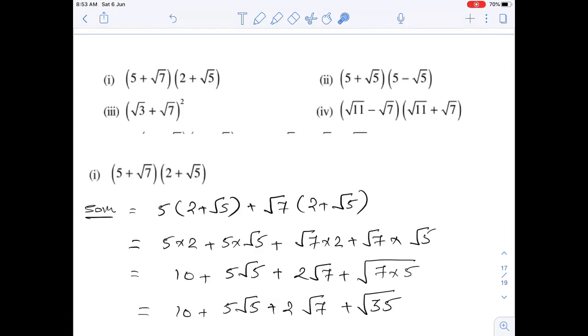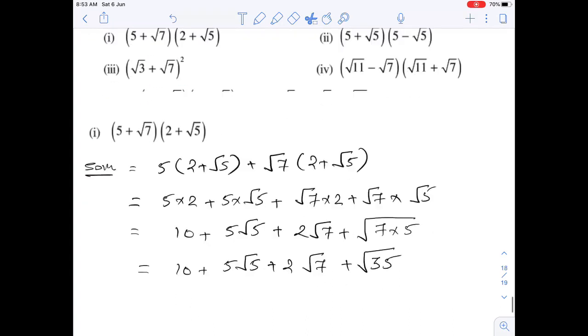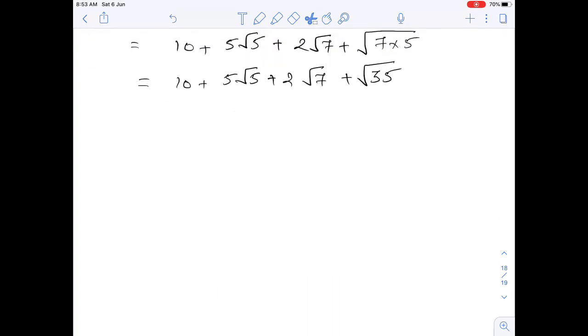Now let us consider the third example. The second one you have to solve; I am solving this third example. What condition is given? (√3 + √7) whole squared.